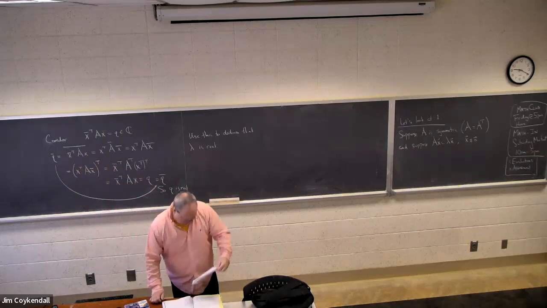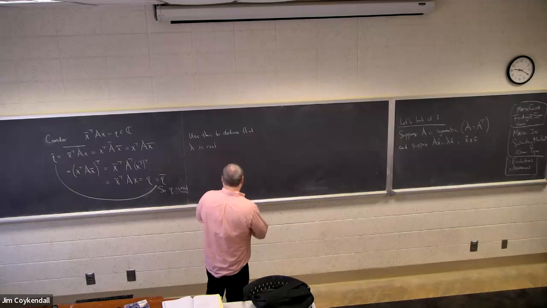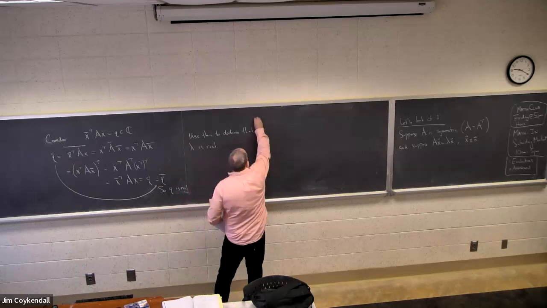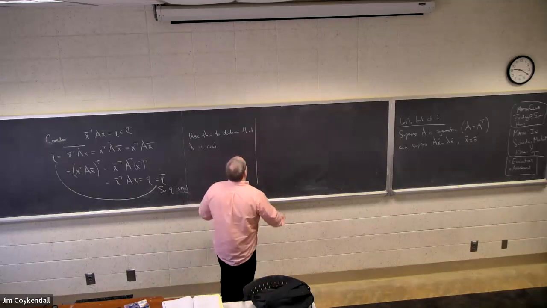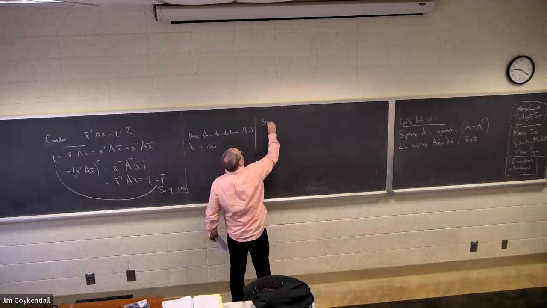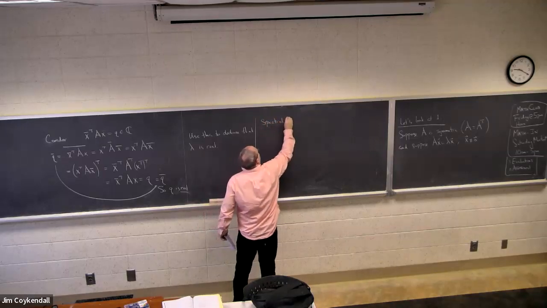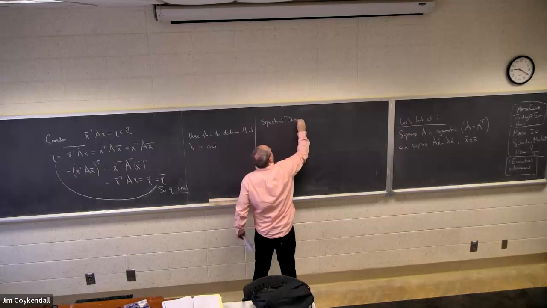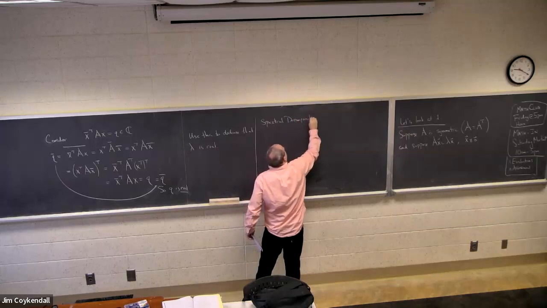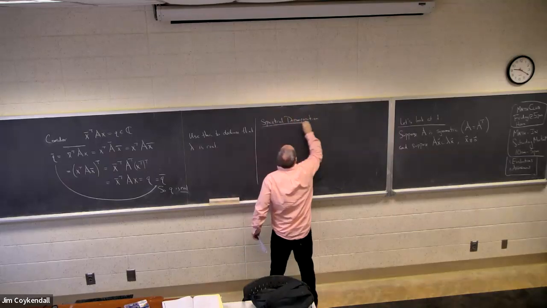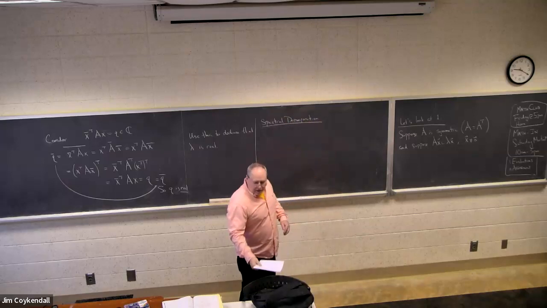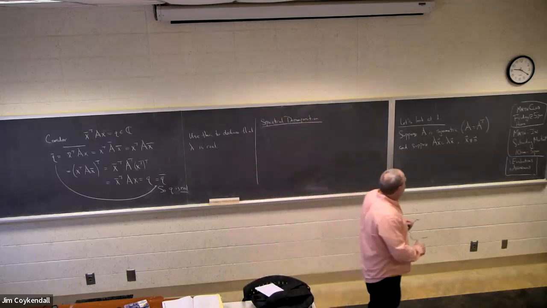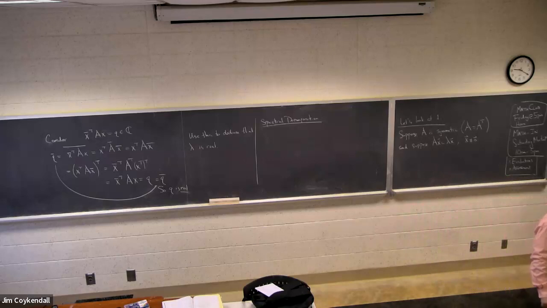Okay. And finally, I want to give you just a brief little example of spectral decomposition. So there's two kinds of decomposition we'll talk about. I'm going to tell you briefly about this so-called spectral decomposition.